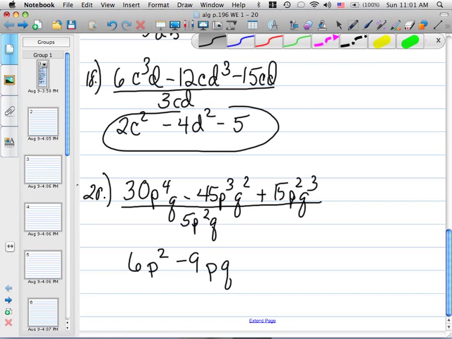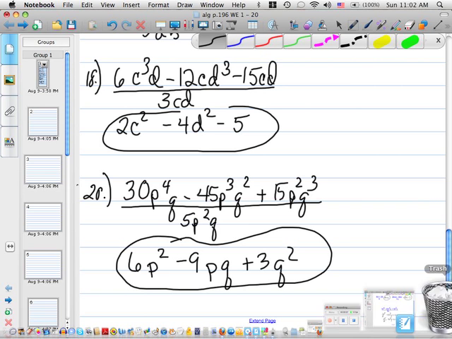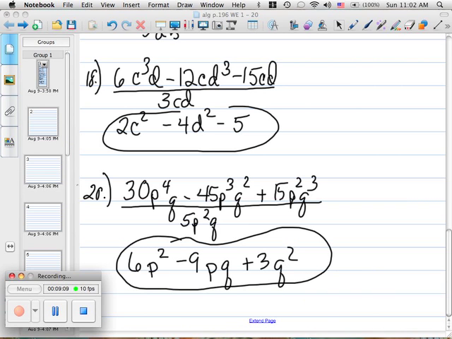Q's cancel. Negative 45 divided by 5 is negative 9. P squares cancel those out, so I have a p left. And q squared divided by q is just q. There's 1 left. Positive 15 divided by 5 is positive 3. The p squares cancel. I can take out a q, so that leaves me q squared.